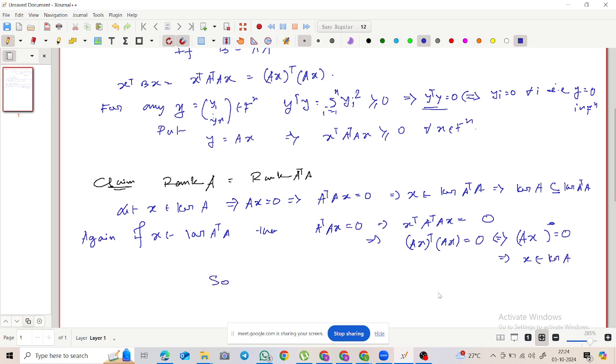Okay, so kernel A transpose A is equal to kernel A.